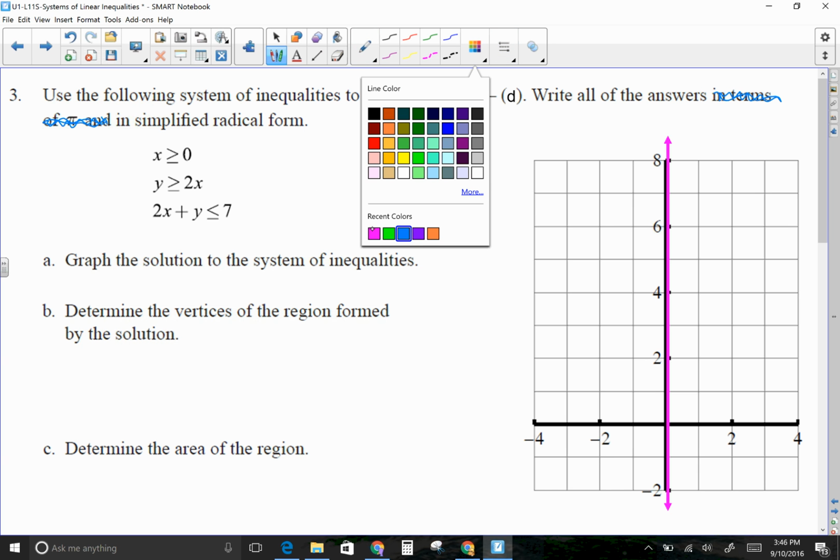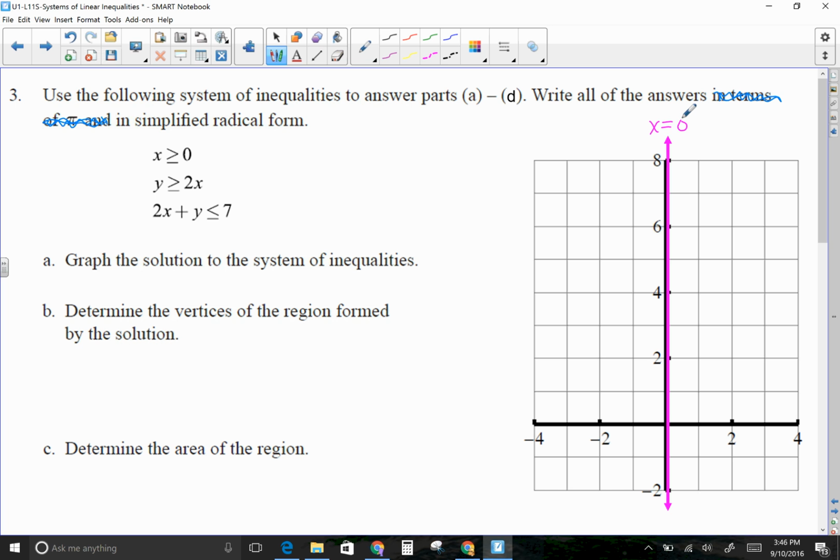Now, if you graph it on your axes and you can't see it very well, sometimes I will go ahead and write the equation on top of the axis so we know what it is. Now, x is greater than or equal to 0, so which side is greater than or equal to is this way. So I draw arrows because I think it can get a little hard to tell the region when I do a bunch of shading. So that's what that is.